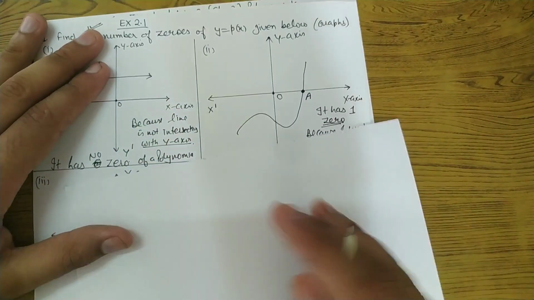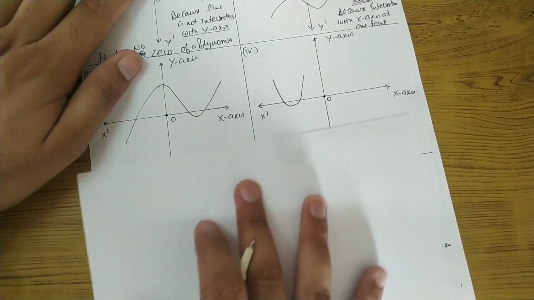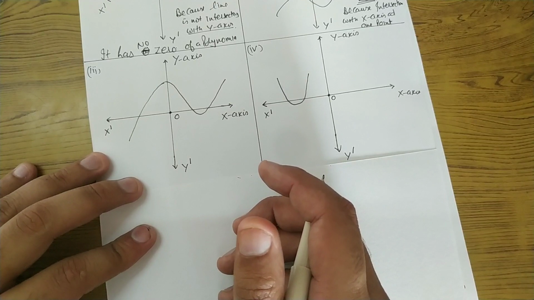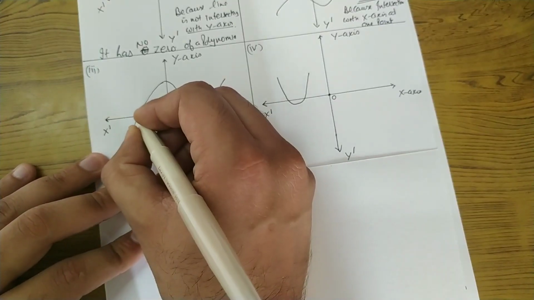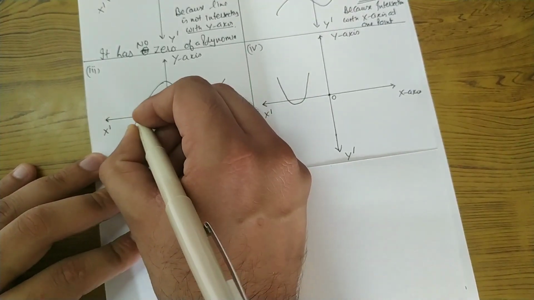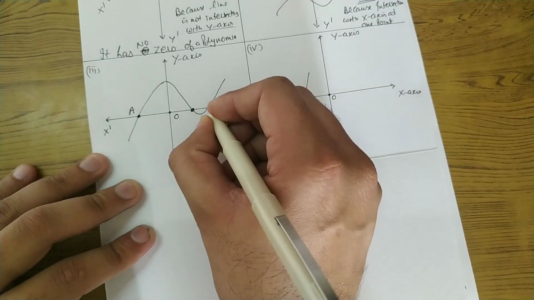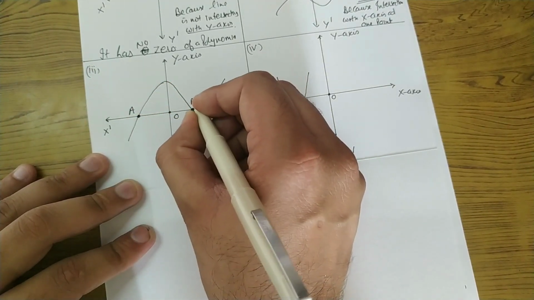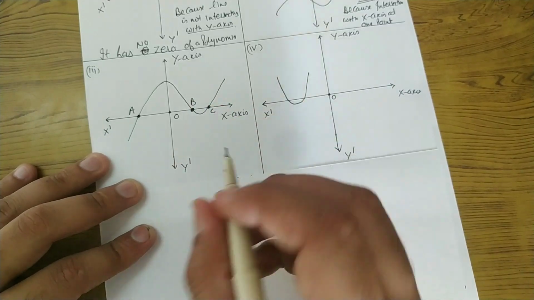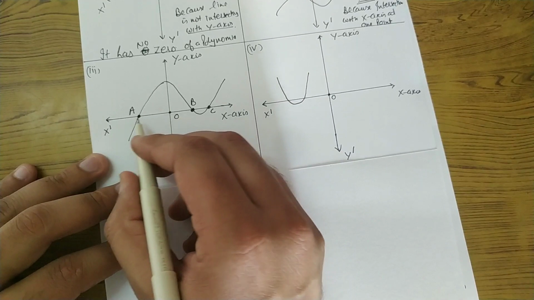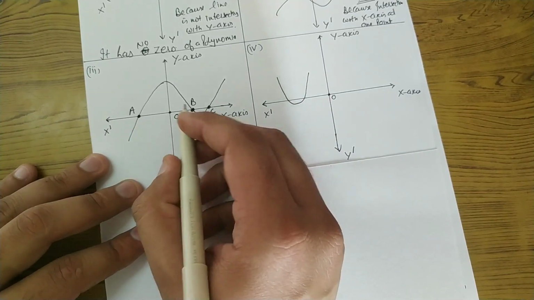Now we will go for the third and fourth parts. Firstly the third part. If you see, the curve is intersecting at 3 points A, B, C, and students, just focus on the x-axis only. I will see the number of intersections of any curve with the x-axis only.